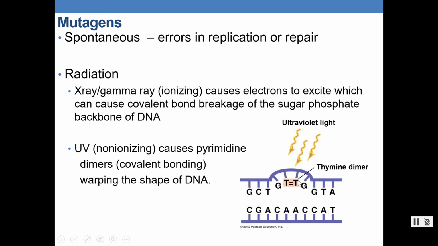Every time there are two thymines next to each other and they get hit with UV light, those thymines, instead of hydrogen bonding with the A across from them, end up binding with each other, and they form what we call thymine dimers. When that happens, the DNA is not as it's supposed to be, and it makes a little bubble in the DNA. The next time replication occurs, it doesn't pair up right, and it doesn't get replicated correctly. So that ends up with a mutation.